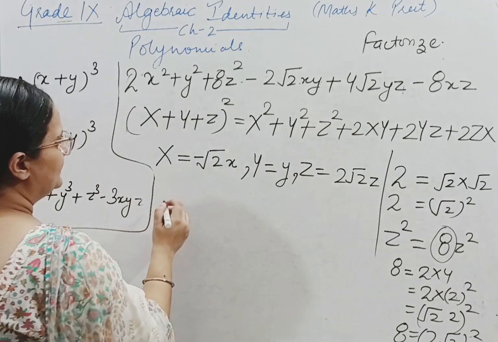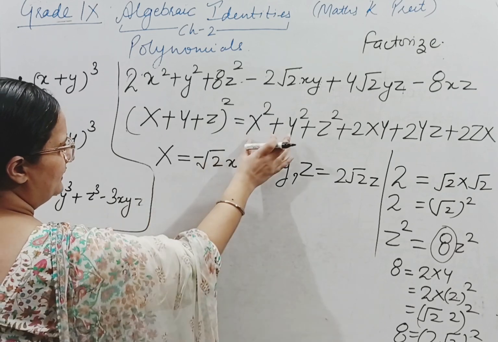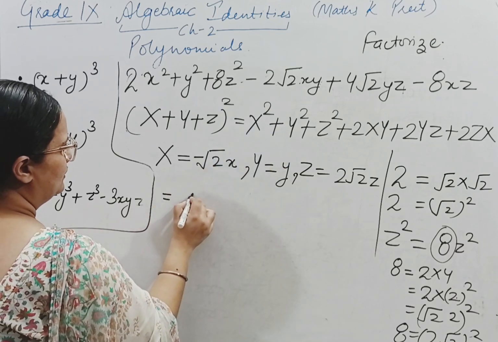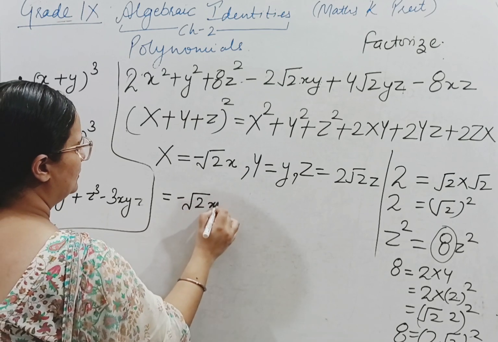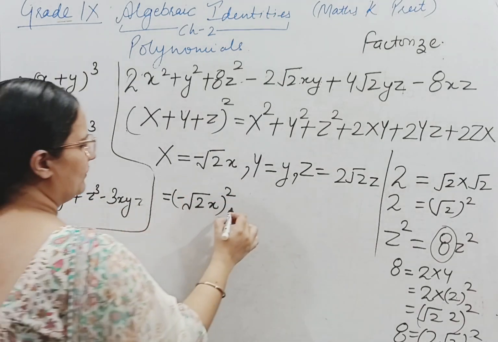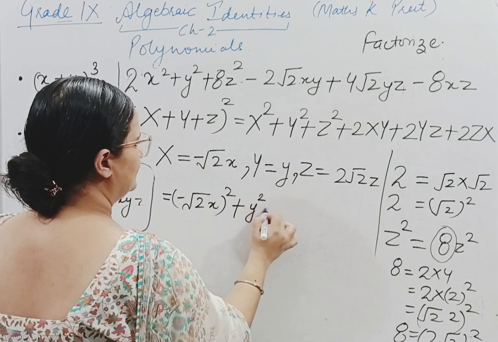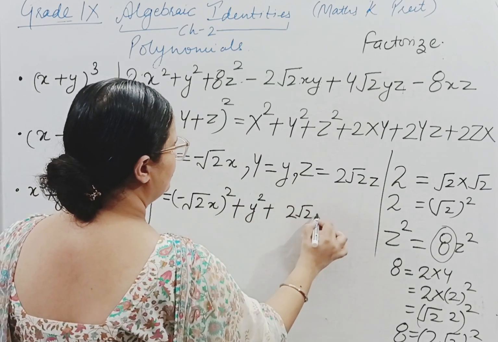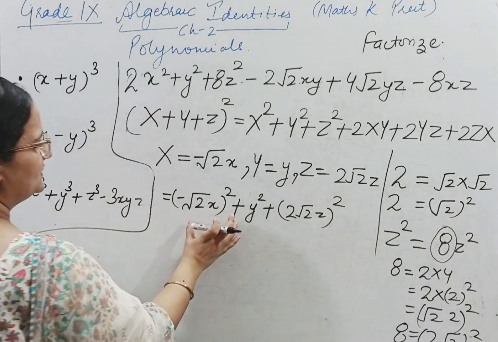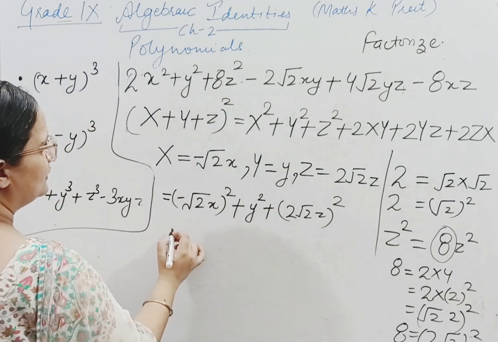So this can be written as, here I am putting the values on the right hand side, minus 2 root 2 x whole square minus root 2 x whole square plus y square plus 2 root 2 z whole square. So yes, I will get these first three terms from here after solving.